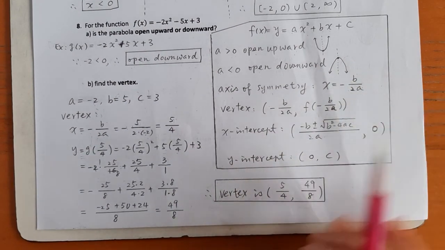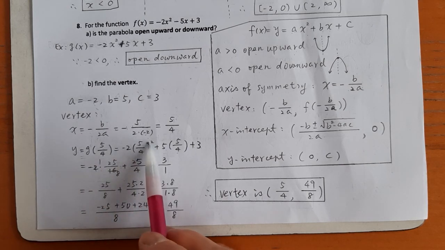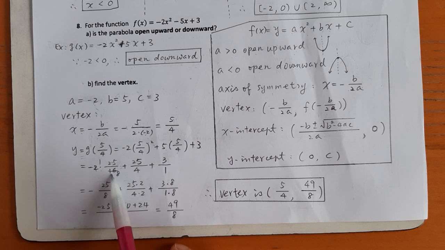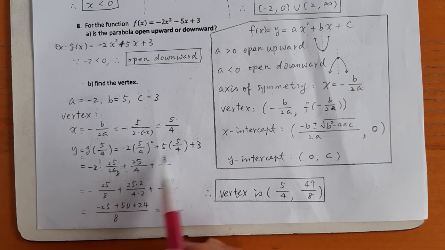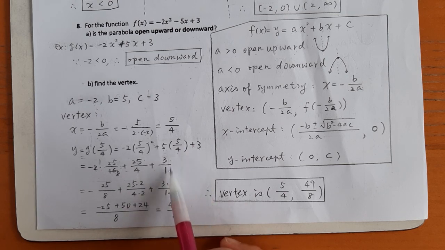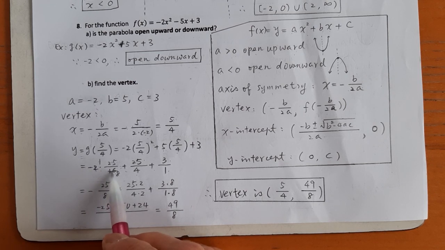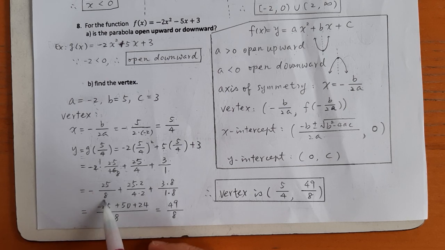Figure out: equal to -2 times 5 squared, 25, over 4 squared, 16, plus 5 times 5, 25 over 4, plus 3 over 1. Then here cancel 2 and 2, and 16 divided by 2 is 8. So this becomes -25 over 8.